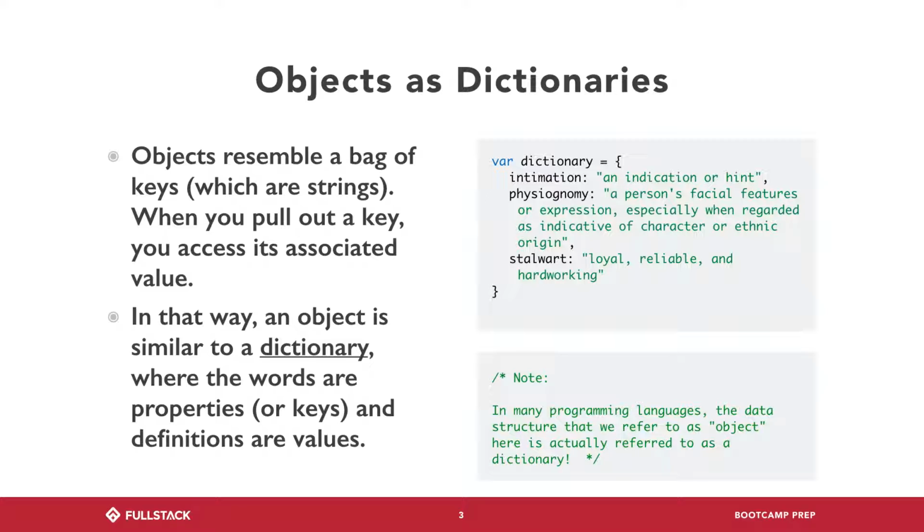In this case, notice how this text is black, right? And normally when we see black text, what does that represent? Well, here it's a key, but normally, outside of the context of objects, whenever we see black text, it represents a variable, right? In this case, there is no variable called intimation.